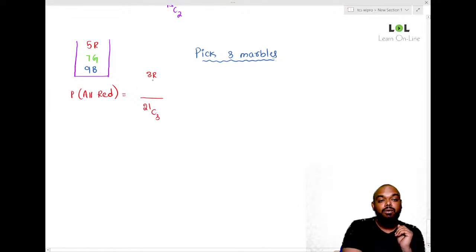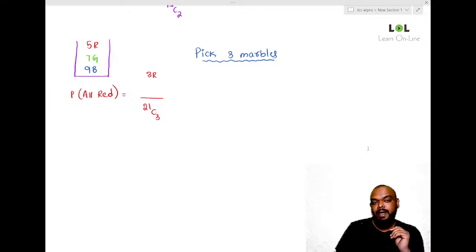Now, you need 3 red color. Tell me, how do we pick 3 red color? You have 5 red color. How many ways can you pick 3 red color? Guys, 5 red are there, you need 3 red color.